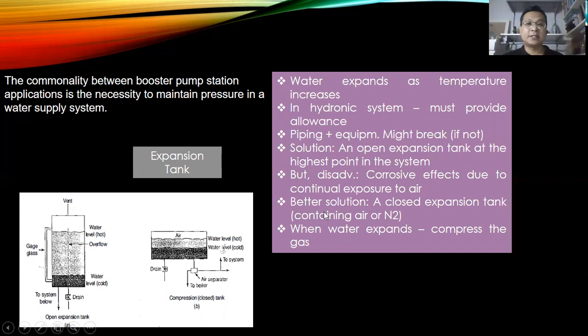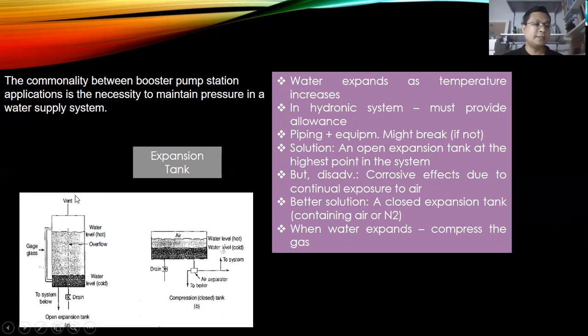So a better solution is a closed expansion tank containing air or N2. So when water expands, it compresses the gas. Actually, the figure has already described this: one part in the pipe, one in the tank.